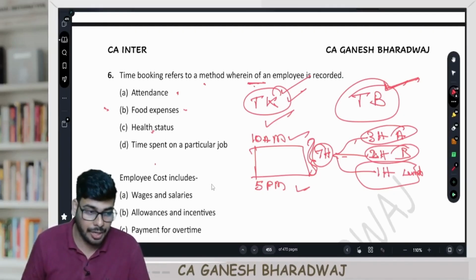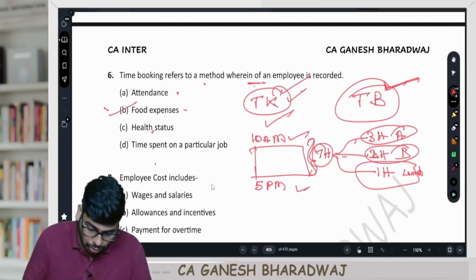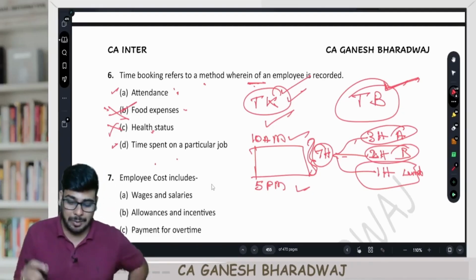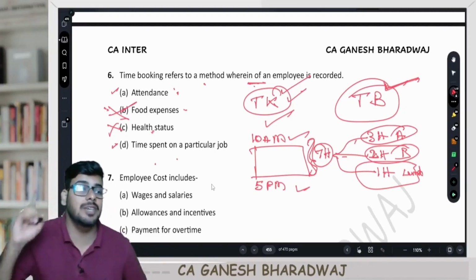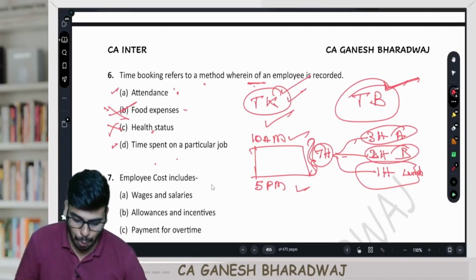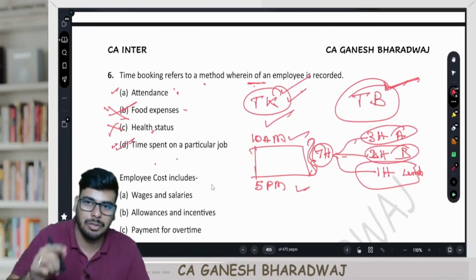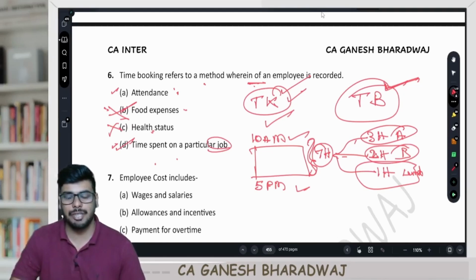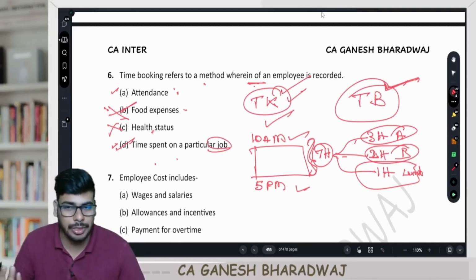Attendance tracking is time keeping. Time booking is booking to jobs, so it is only job-wise collection of hours. Are you all able to follow this?